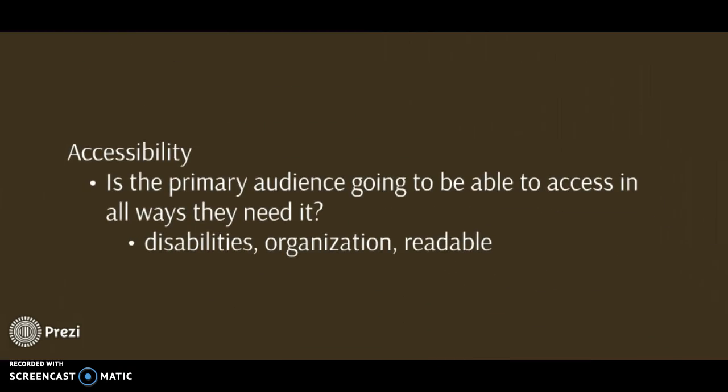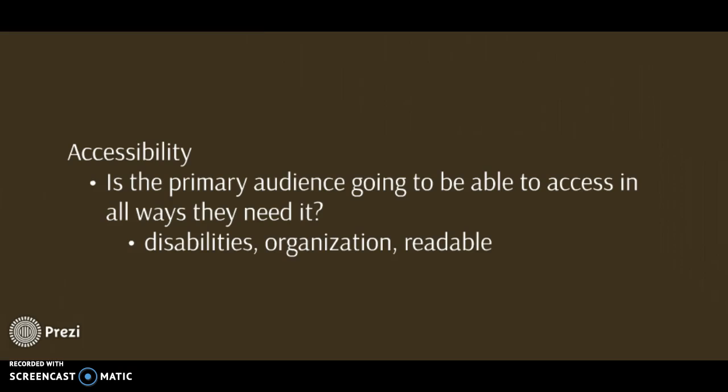And that connects to the idea of accessibility. Is the primary audience going to be able to access it in all the ways they need? Are they going to be able to read it on a phone or on their tablet or on their computer? Are they going to be able to get to it when they are away from the office?